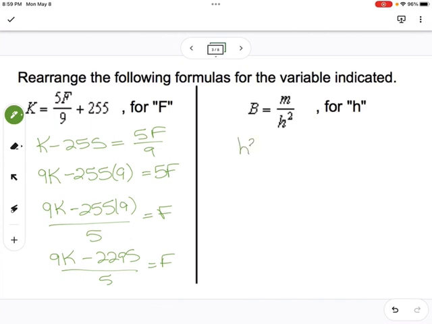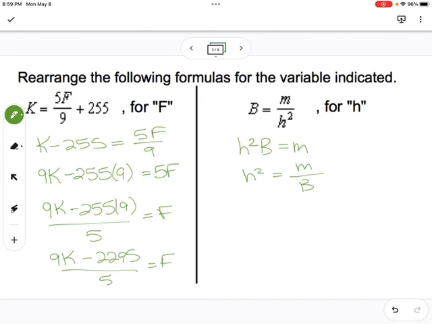So h squared b equals m. We need to move the b away from the h squared. Since that's multiplying, bringing it across the equals will become divide. H squared equals m over b.